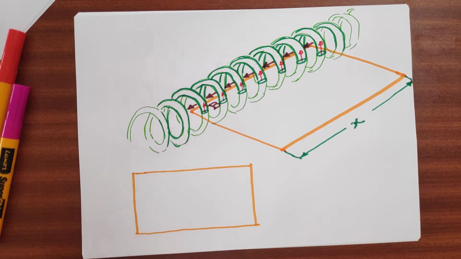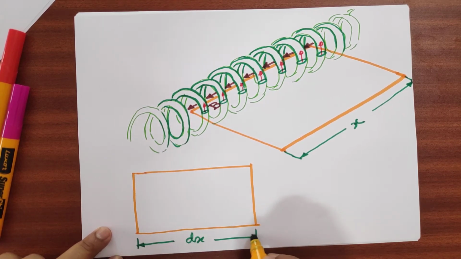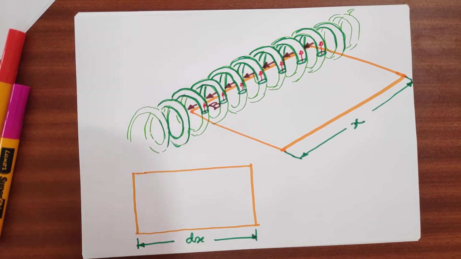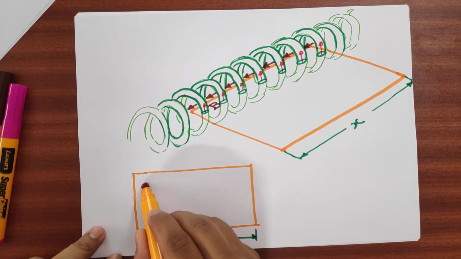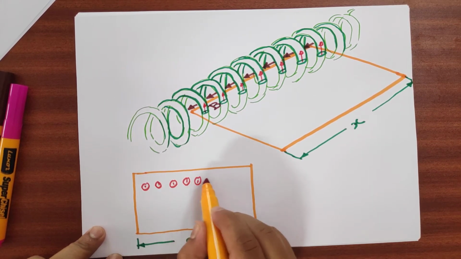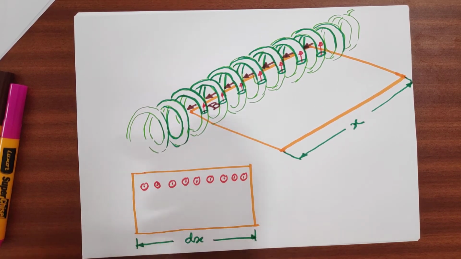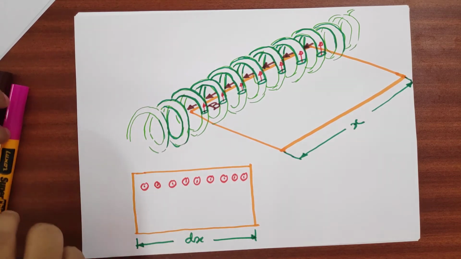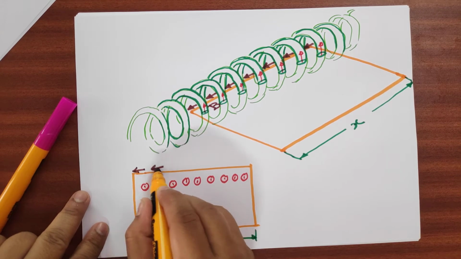This is the top view, and this is x, and these are the currents, dot for all of these. And this is the direction of the magnetic field here.